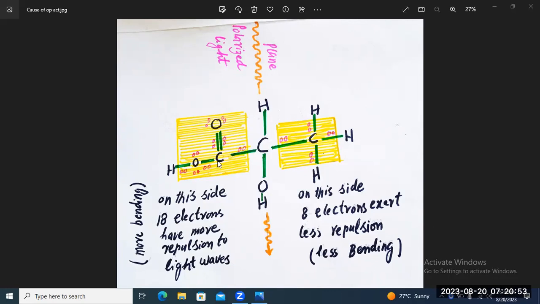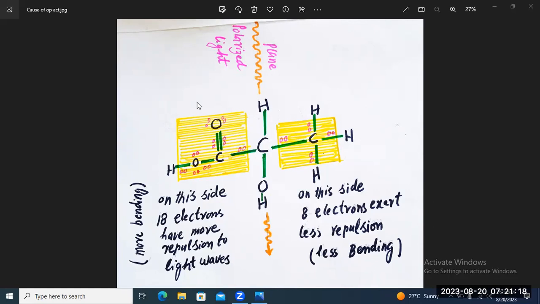This side of the molecule has more electrons as compared to this side. So the plane polarized light will face more repulsion on this side and the light would bend.